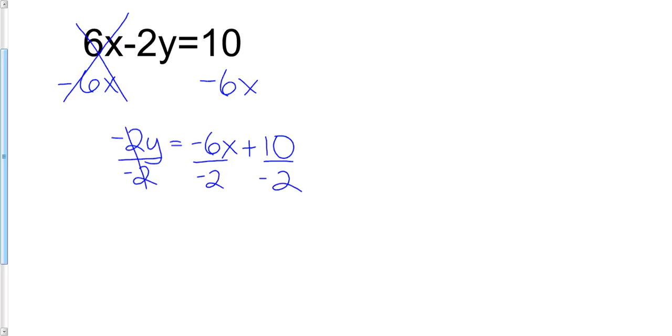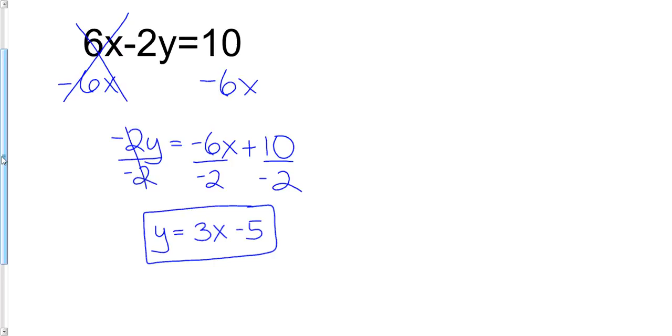So on the left side, the -2 divided by -2 cancels out and leaves us with y. On the right side, -6 divided by -2 is 3. And 10 divided by -2 is -5. So you can see we get the same answer that way as well. This way it looks a little bit shorter, but there are a few places where students tend to make mistakes.